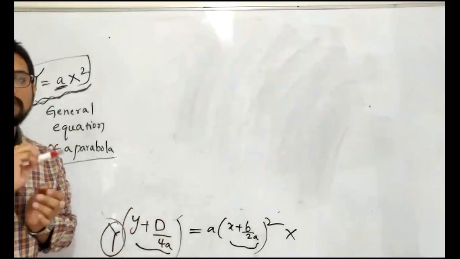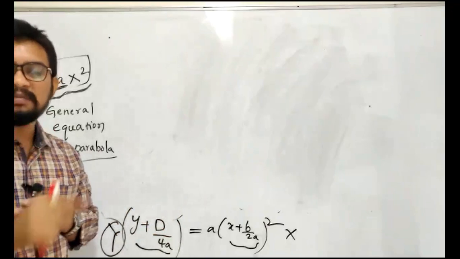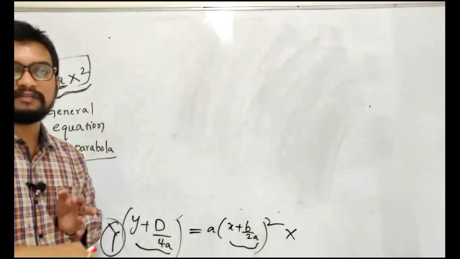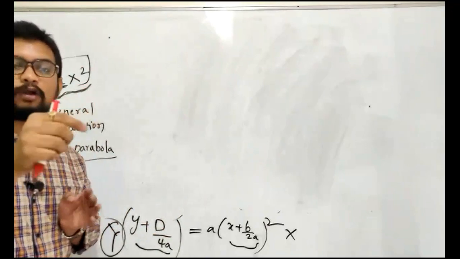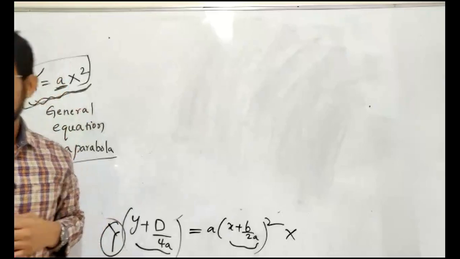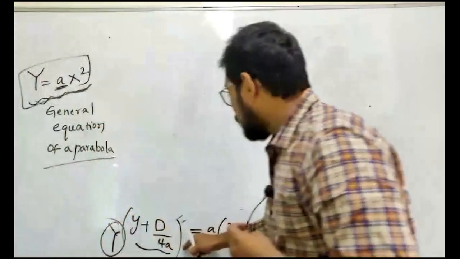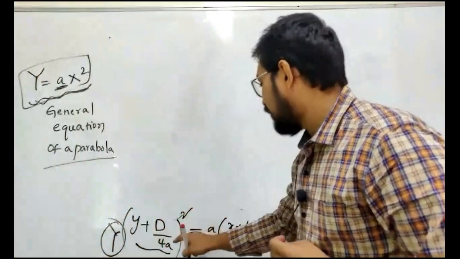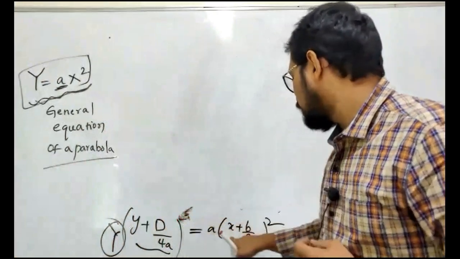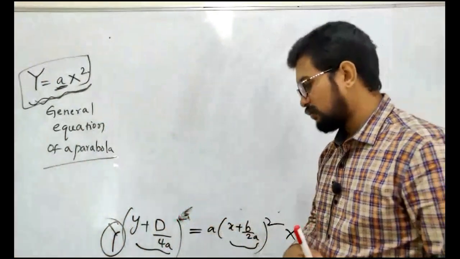If you are not able to write it fast, take a screenshot of it, and after the class you may write it down. Now this is the parabola which you got.